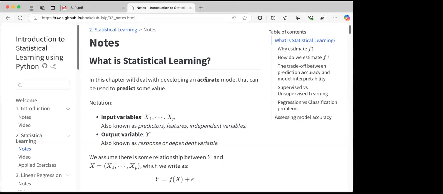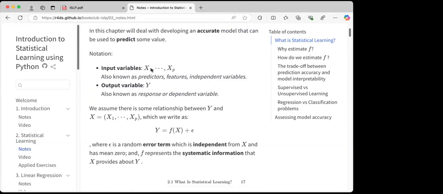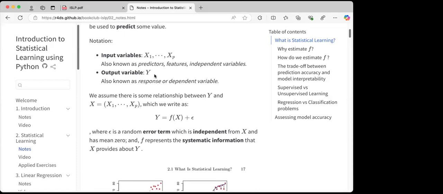Some notation: this will be the input. The inputs are also the predictors, the features, the independent variables, and then the y will be the output, the output or the dependent variable.